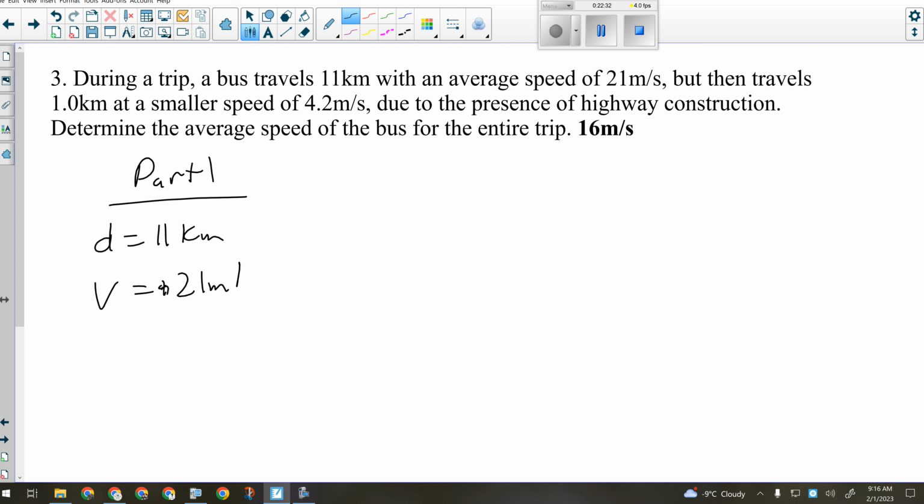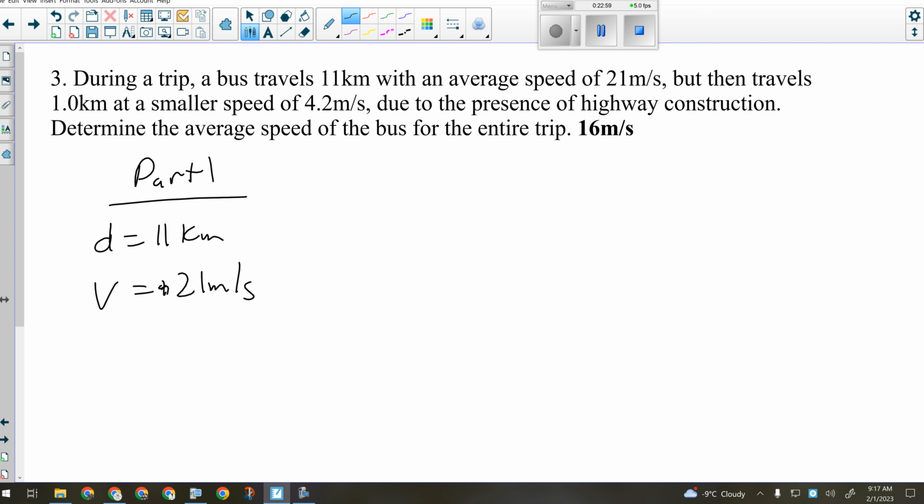What problem do I see right now? Units. My distance is in kilometers, my speed is in meters per second. That's like dividing apples by oranges. I can't divide kilometers by meters per second, so I need to convert either the speed or the distance to another set of units.